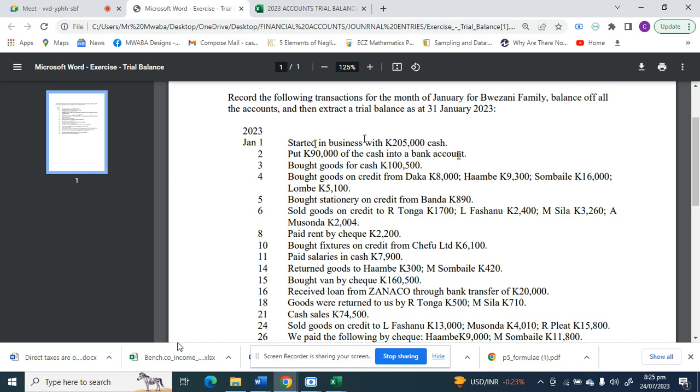The two accounts involved are cash and bank.